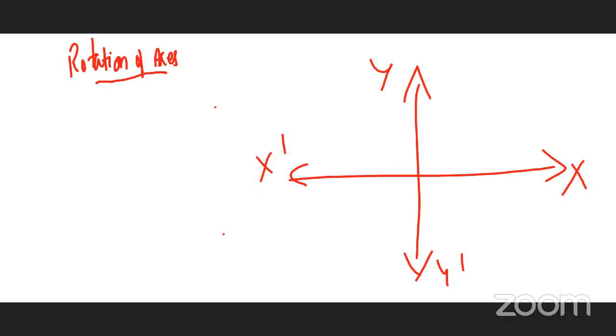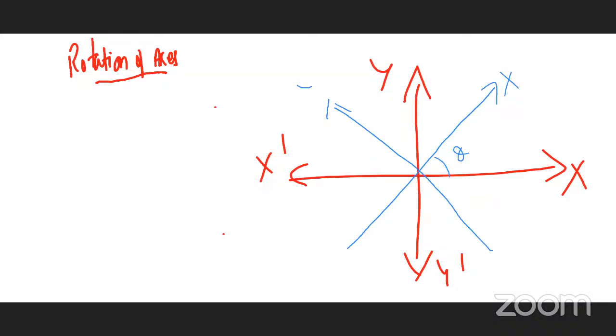Now I'll be drawing. Let us say I'll take some other color now. I'll be drawing a rotated axis, rotating my axis with an angle theta. I'm rotating my axis with an angle theta. So this becomes my x-axis, this becomes my y-axis.